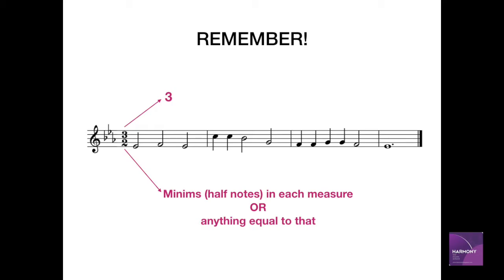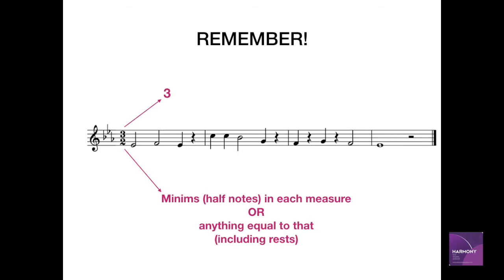If I have a 3/2, it simply means I have 3 minims in each bar or in each measure, or anything equal to 3 minims in each measure, and no more. Remember, you can replace note values with rests as well.